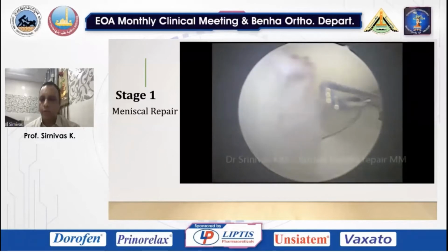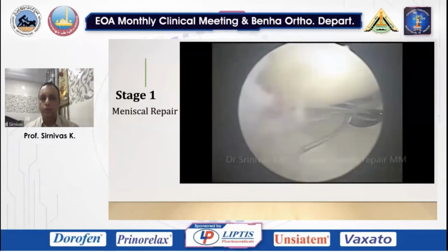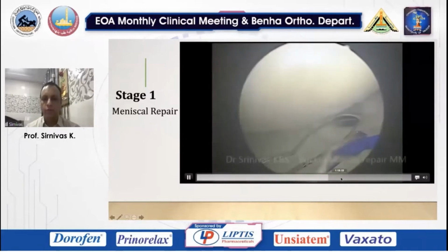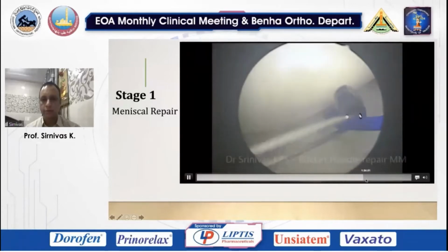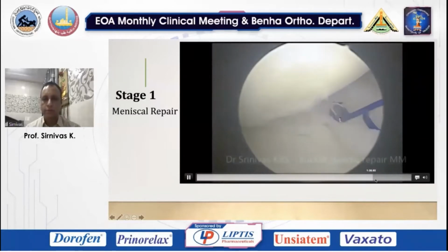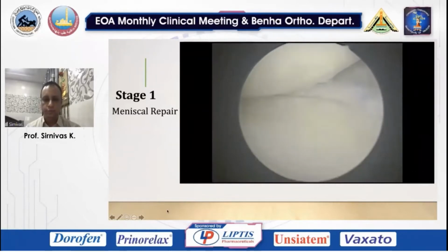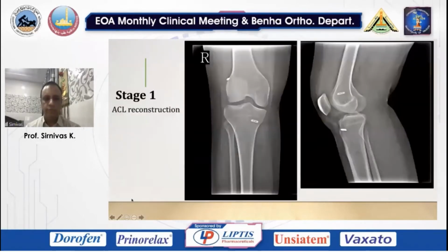The suture is passed through the metal loops and pulled out to the outside. And the free everted edges of the torn bit of the meniscus were debrided. And then all inside ACL reconstruction was done.